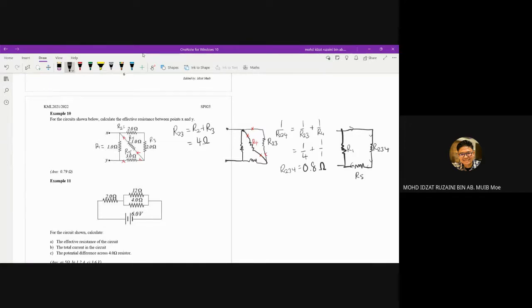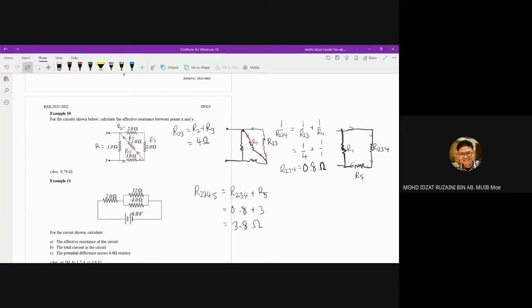Okay, so then the same current, so that's R234 and R5 ialah series. So kamu akan buat R2345 equal to R234 plus R5, equal to 0.8 plus 3. So kamu dapat sini ialah 3.8 ohm.